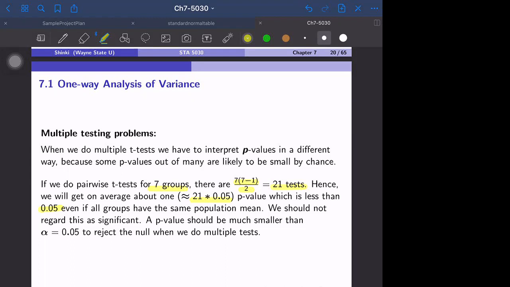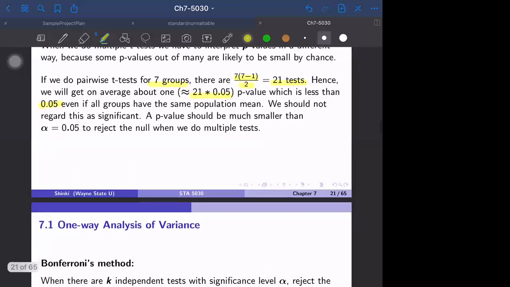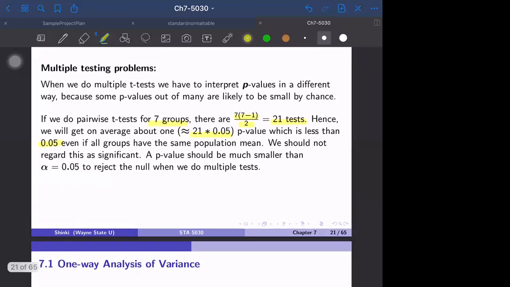Basically, the 7 groups just come from the same population, but still, if we do all pairwise tests, on average we reject one null hypothesis. That is a problem, so we have to adjust the p-value. We have to make the rule to reject the null hypothesis more strict.